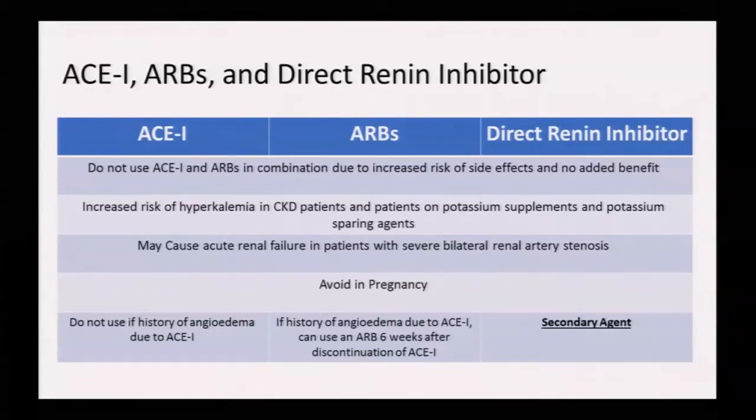Even if you use it, you have to be very careful. You have to monitor your patient very closely because angioedema could still happen with ARBs. Like I said, usually in practice we don't do this. If our patient had angioedema to an ACE inhibitor, then we just don't use ACE inhibitors or ARBs either.